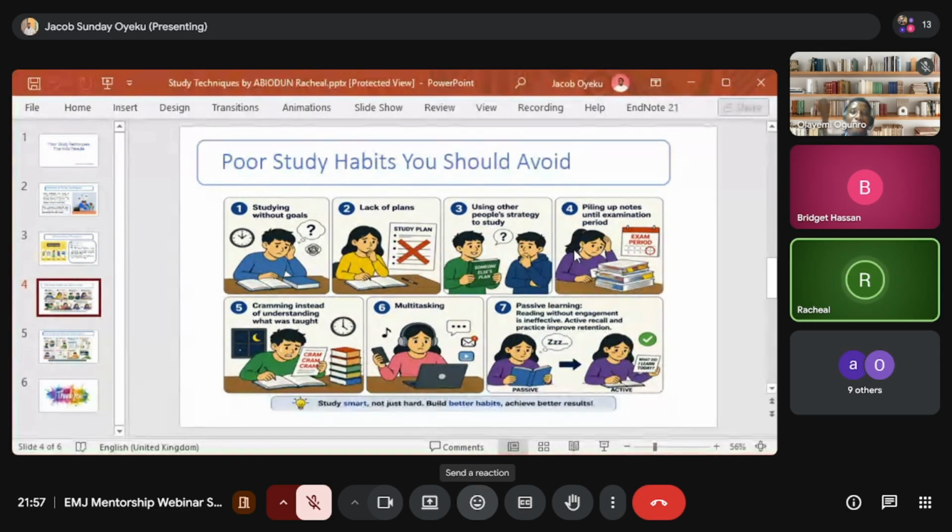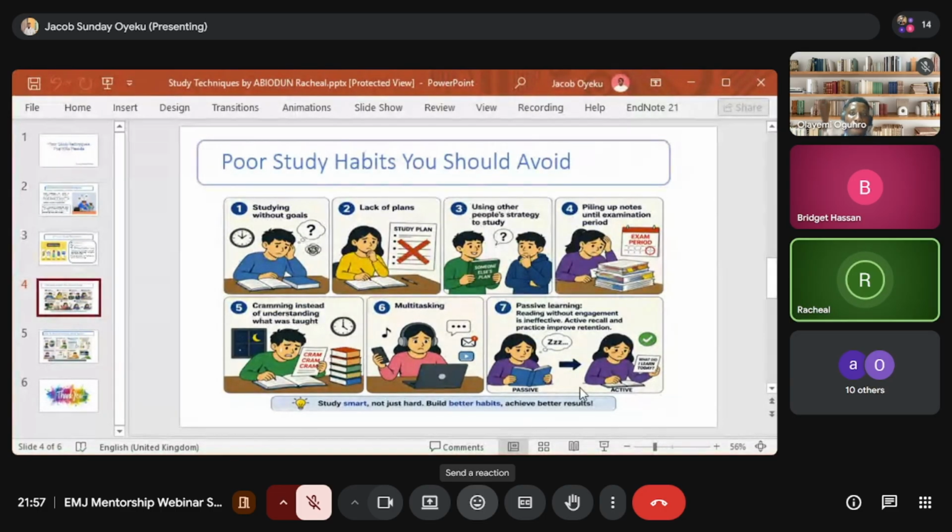Have it at the back of your mind that for me to score this particular thing, you work towards it. You start your plans. How do I achieve these goals that I have set? In biology, I want to score 75. So you start planning, you work towards it. Studying without planning is a very poor study habit.